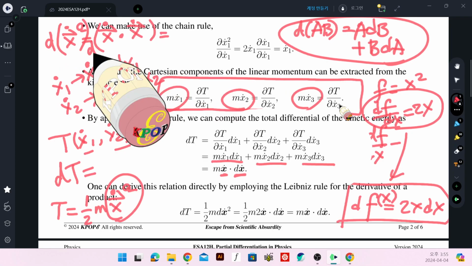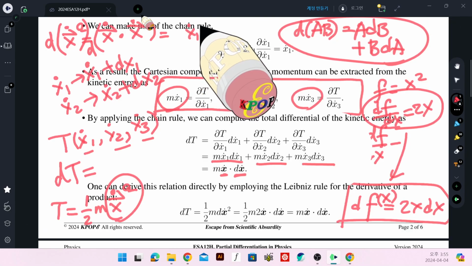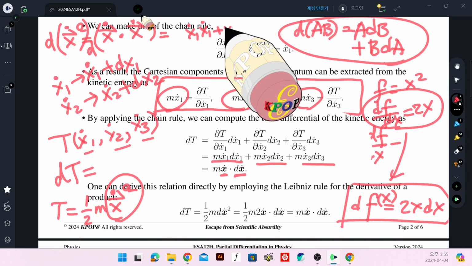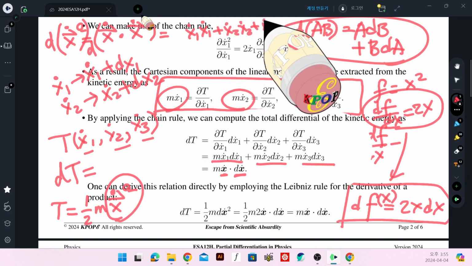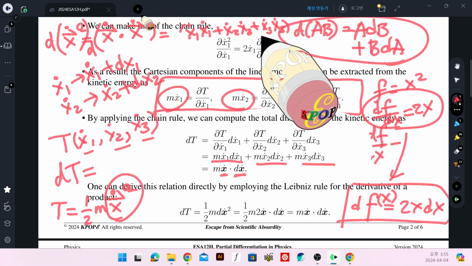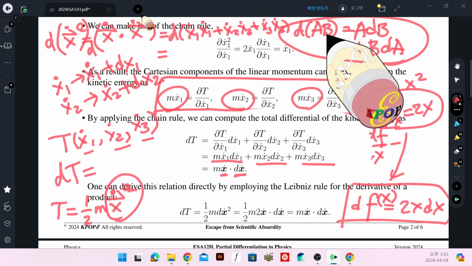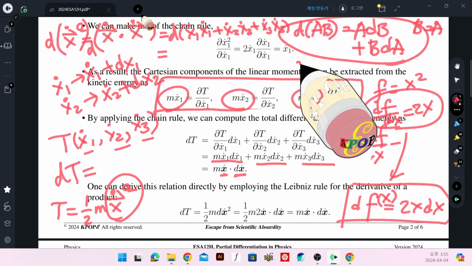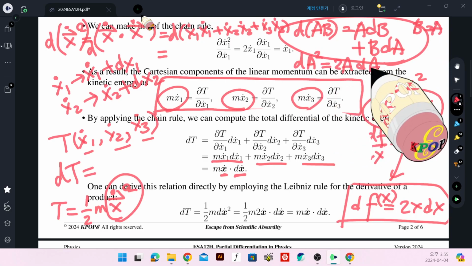This is a sum of x1 dot x1 dot plus x2 dot x2 dot plus x3 dot x3 dot, differential. Therefore, if I substitute a for b, we have d(a squared) is 2a da.